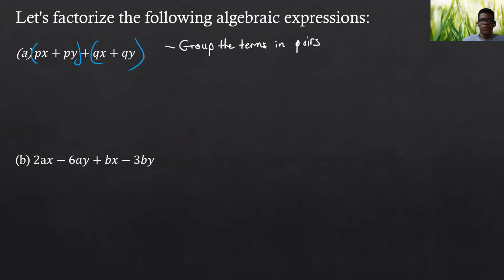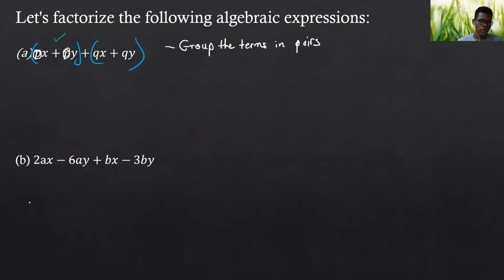So we come over here, the first pair is Px plus Py. The thing about the pairs is they must have a common factor or common variable, at least one. In this pair we have Px plus Py, and the common variable here is P. So this pair is green light, you can check this off.